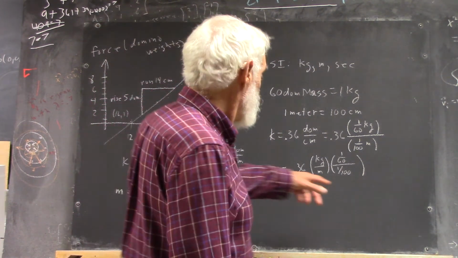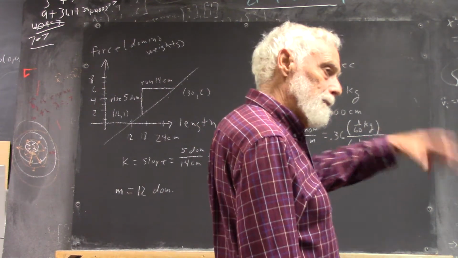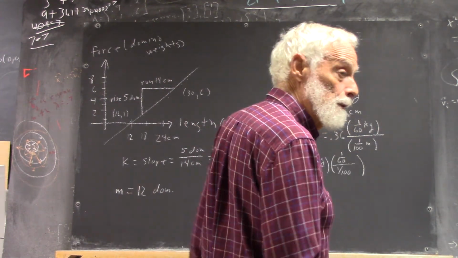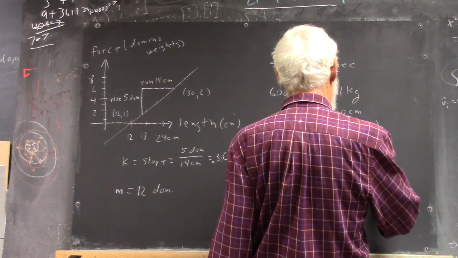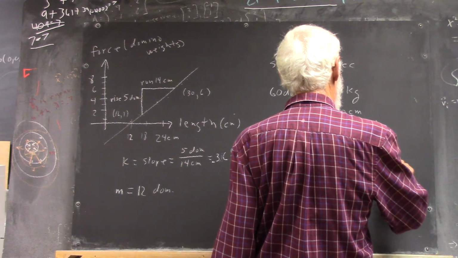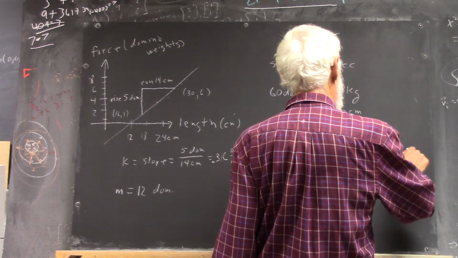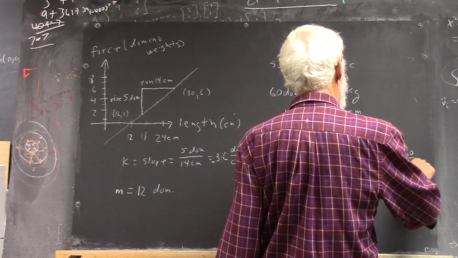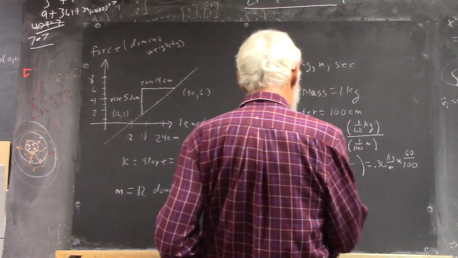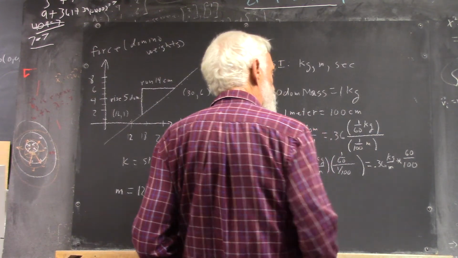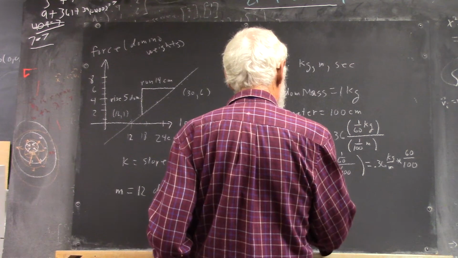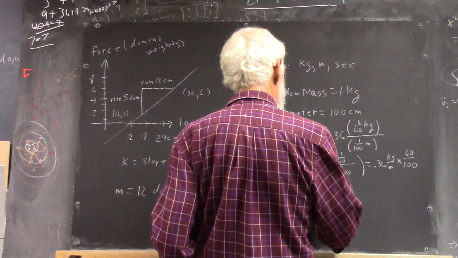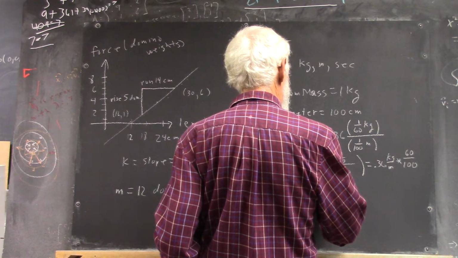Yeah, because when we divide fractions, we invert and multiply. Okay? And everybody knows that 0.36 times 0.6 is 0.216. It's 100 over 60, right?